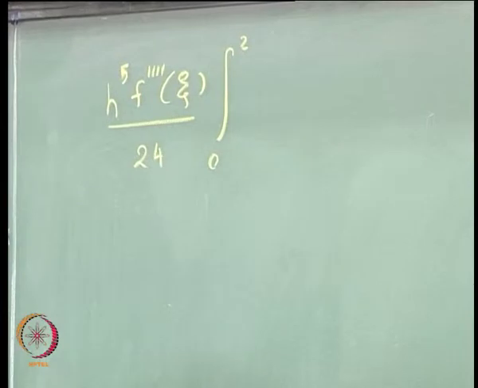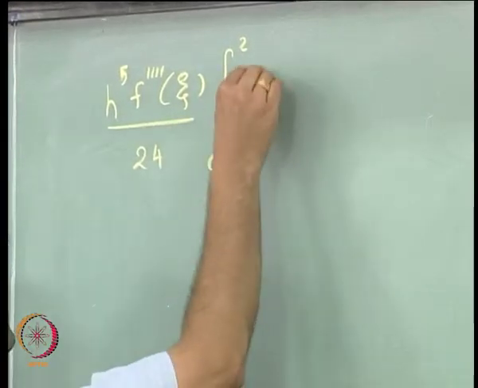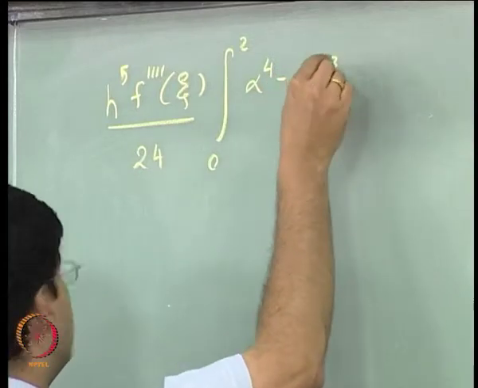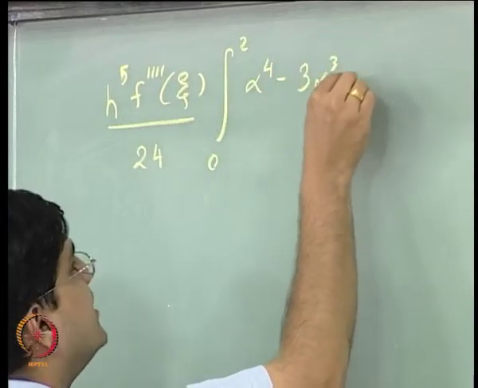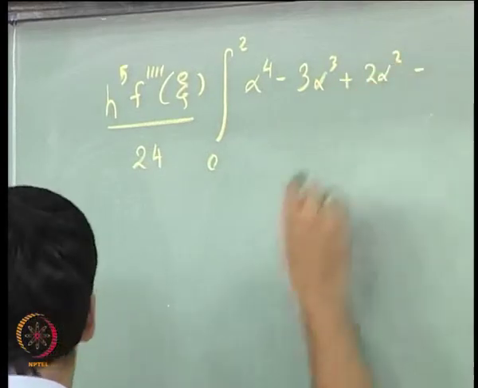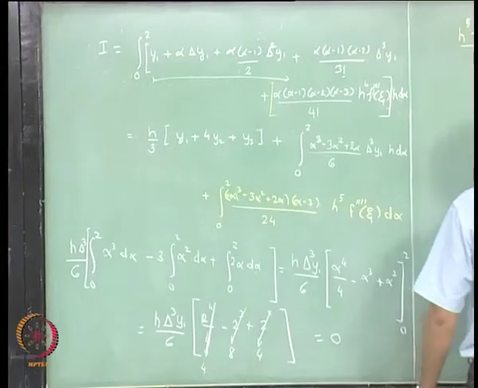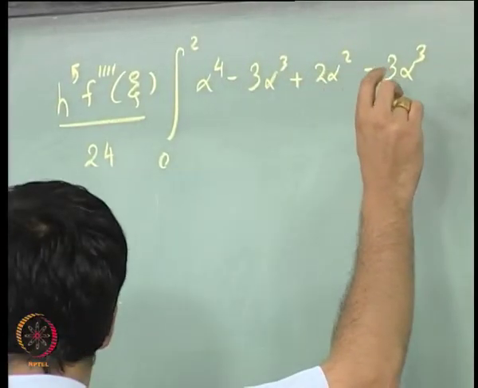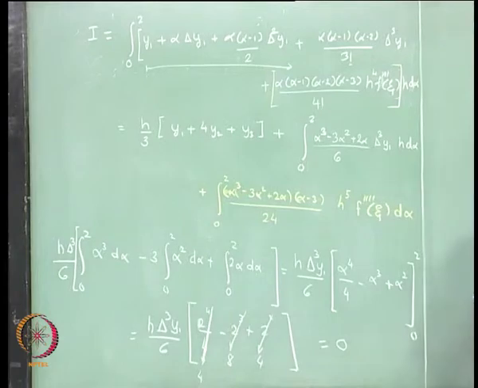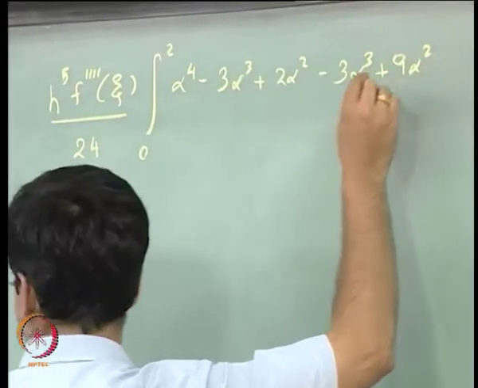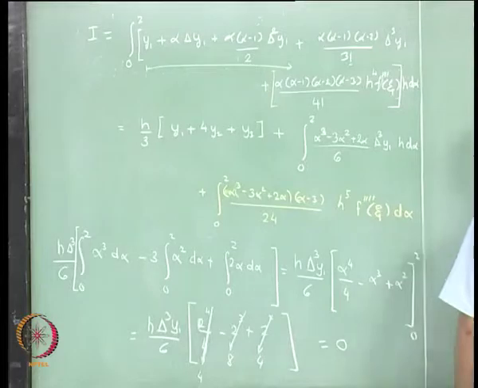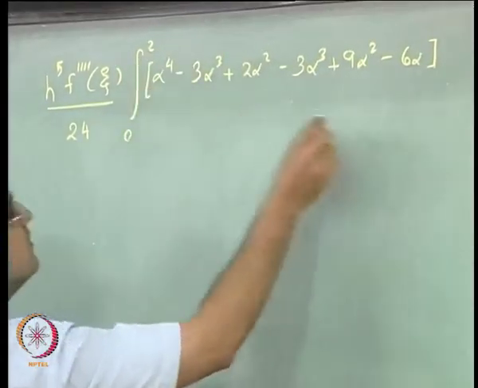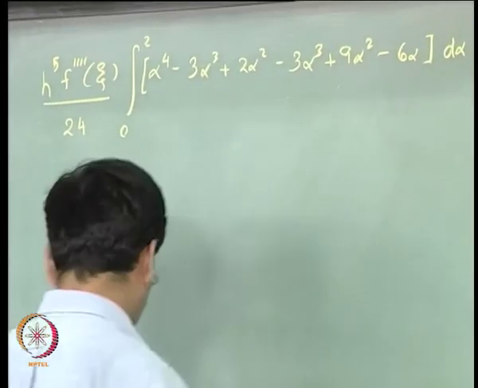We have essentially alpha to the power 4 minus 3 alpha cubed plus 2 alpha squared minus 3 alpha cubed plus 9 alpha squared minus 6 alpha, d alpha.